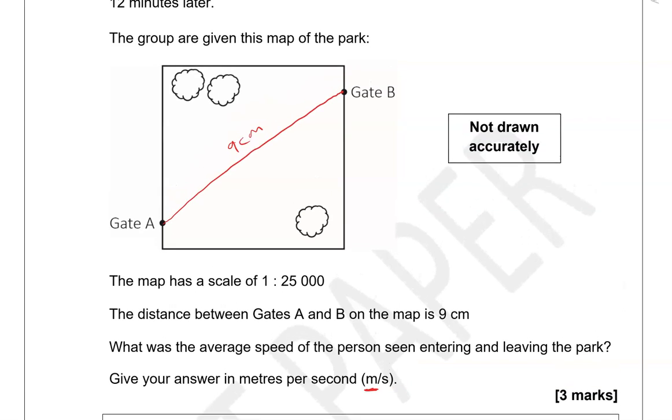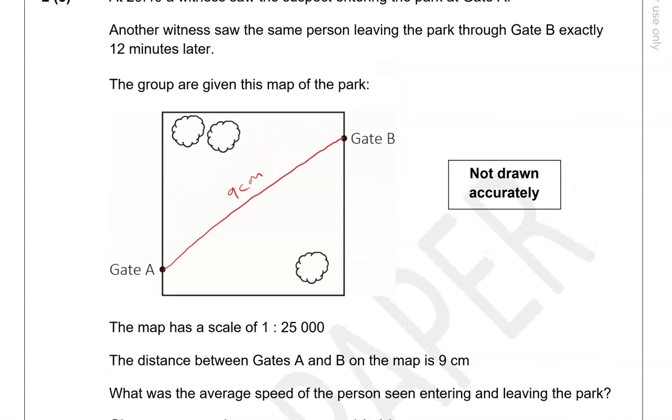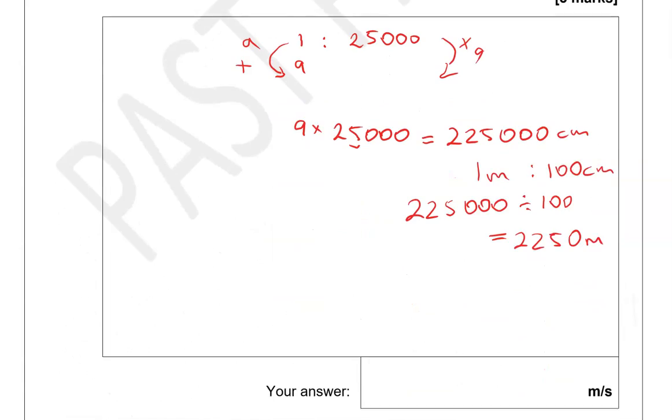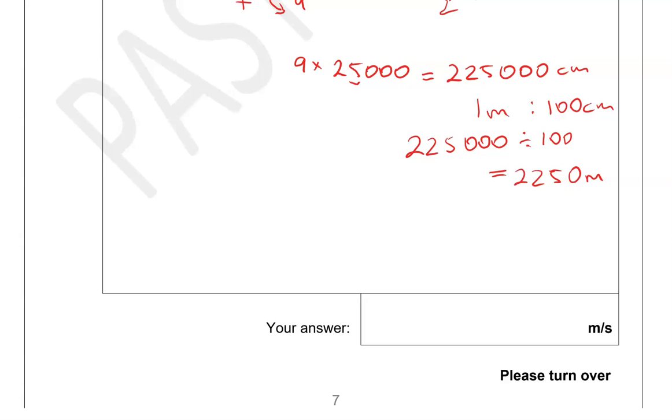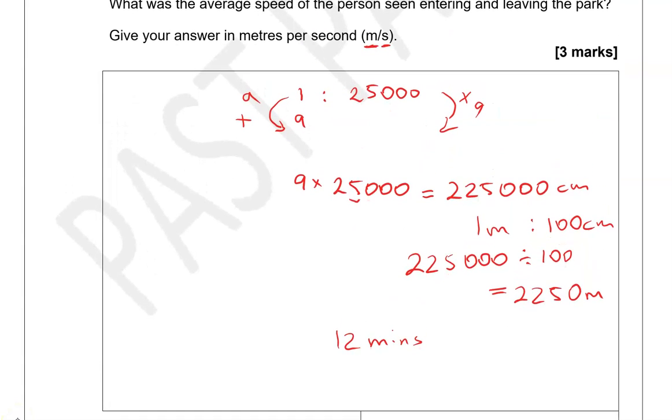And that was done in 12 minutes. We're going to need to convert that into seconds, because again, as I said, we need to work out that speed in meters per second.